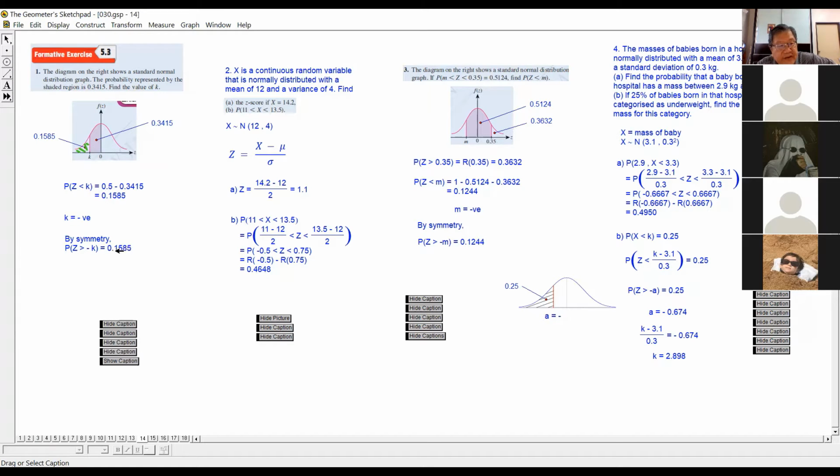This number is given the probability, find the z-score. The z-score is 1.001. But you have to add the negative sign yourself because k is here on the left hand side. So actually k is a negative number. Okay. Any questions?